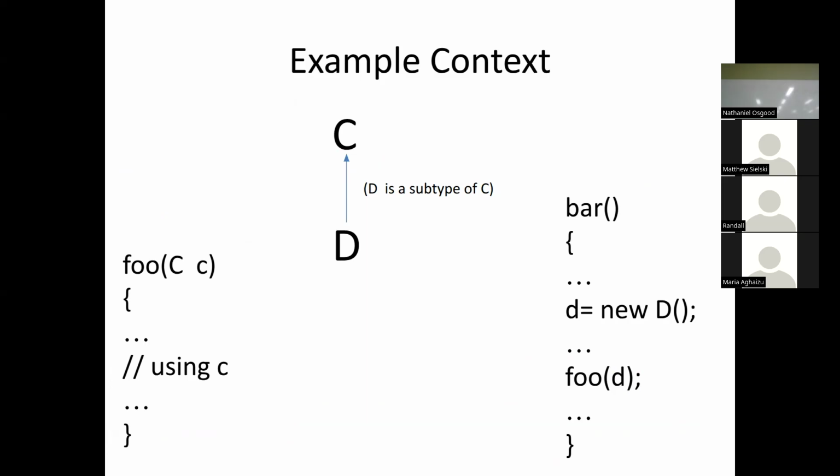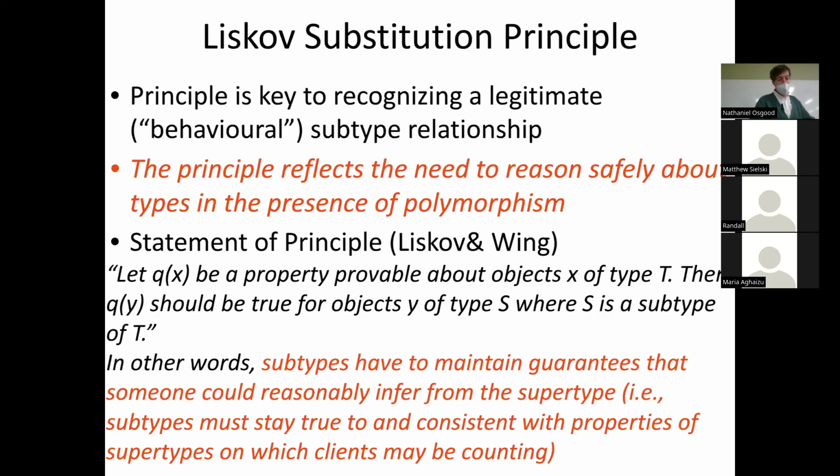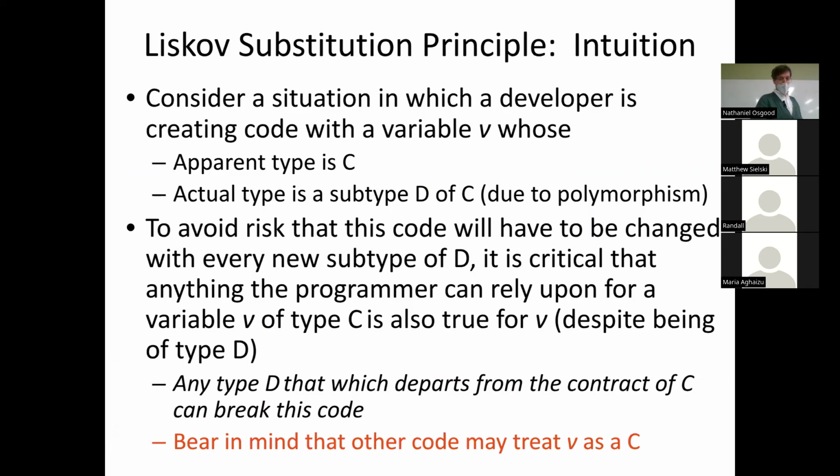If I'm counting on things about a C, just knowing that it's a C, they need to hold for any D passed to me. That's the idea, okay? And I'm going to try to convey to you that this is a common sense notion. And it's not being picky. It's being sensible, okay?